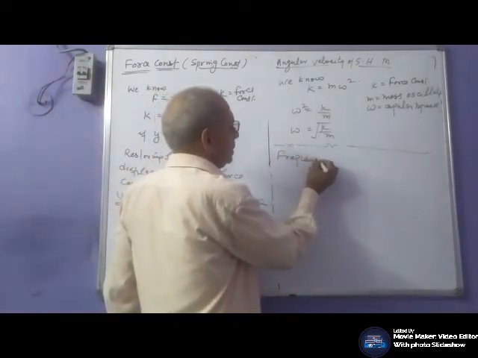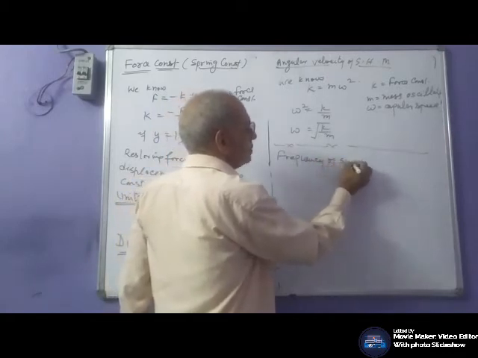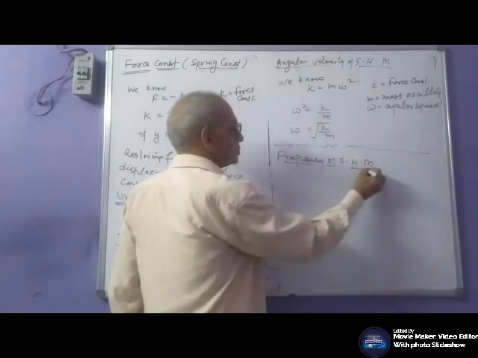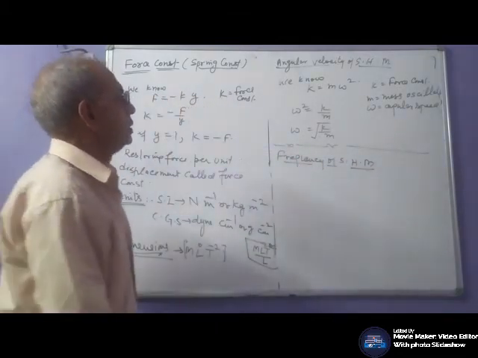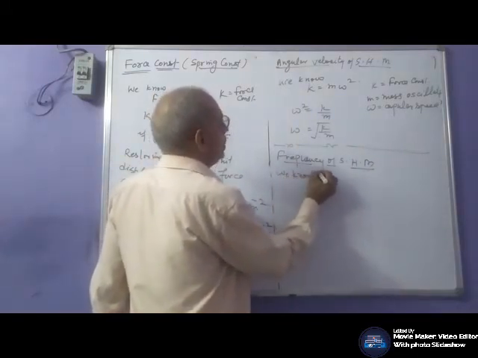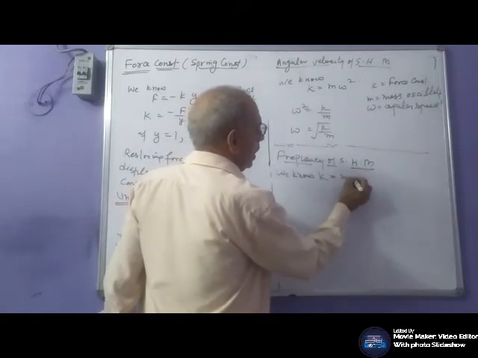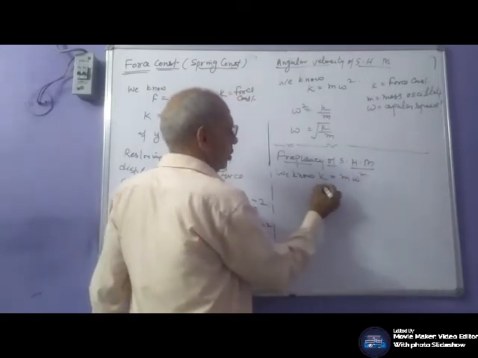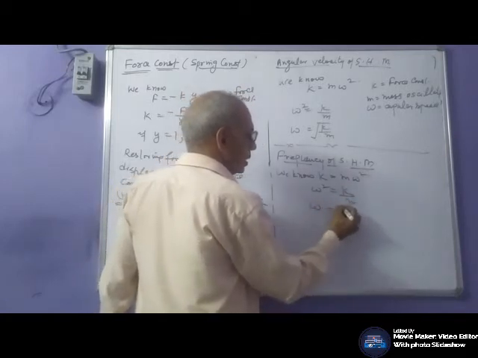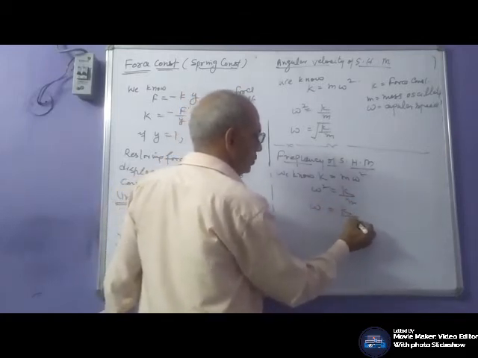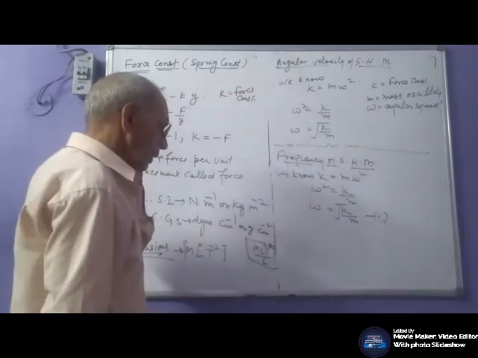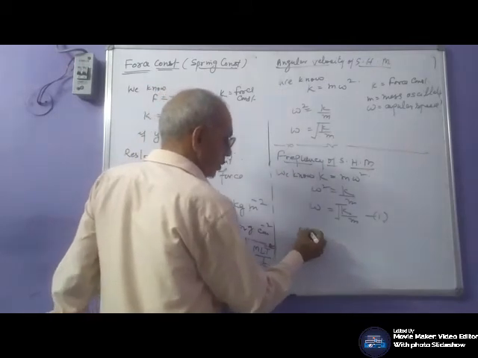Frequency of S.H.M, expression. We know K is m omega square, omega square is K by m, omega is root of K by m, omega is 2 pi nu.